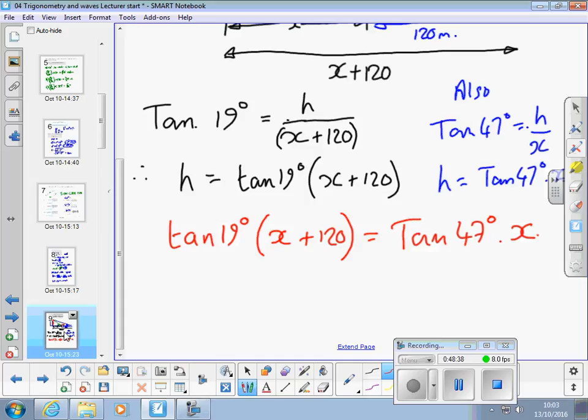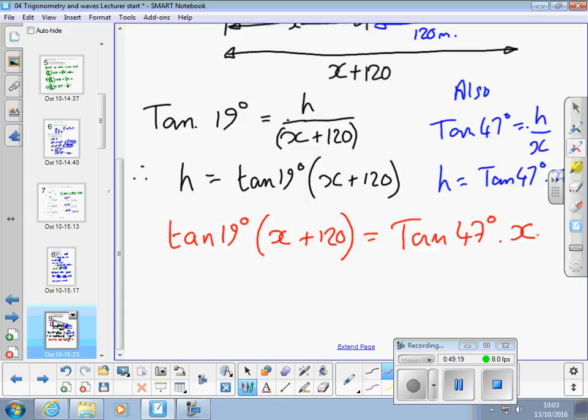What do we need to do now? Need to get x on its own. How do we go about doing that then? Divide this side by tan 47. Yeah, you could do that.